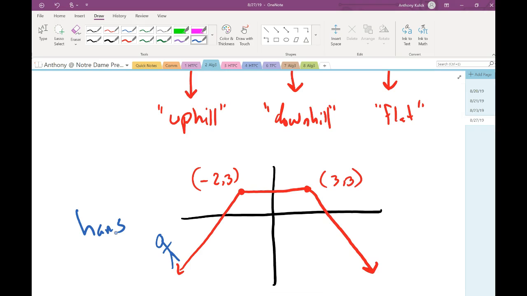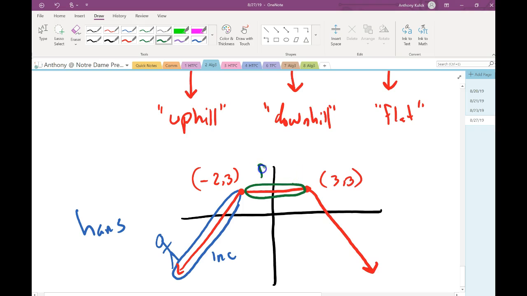So as Hans walks along the graph, when he walks along this segment of the graph, he's going uphill. Everybody agree with that? When he walks along this segment of the graph, it's flat. And when he walks along this segment of the graph, it's downhill.